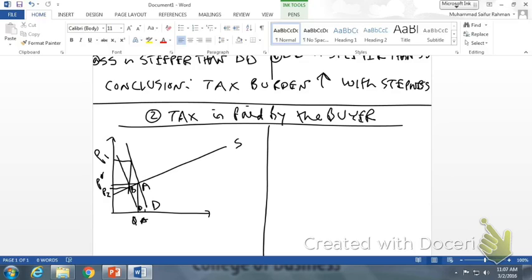So now, the difference between P1 and P star is the burden of tax on buyer, and the difference between P2 and P star is the burden of tax on the seller. The question is, who is paying the larger share of the tax burden?